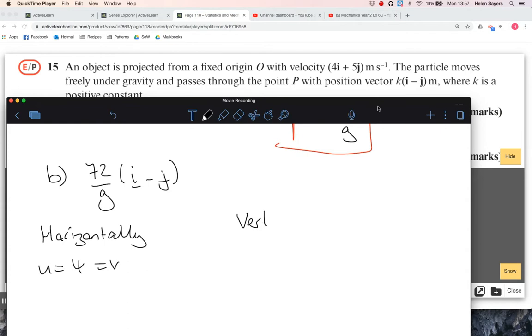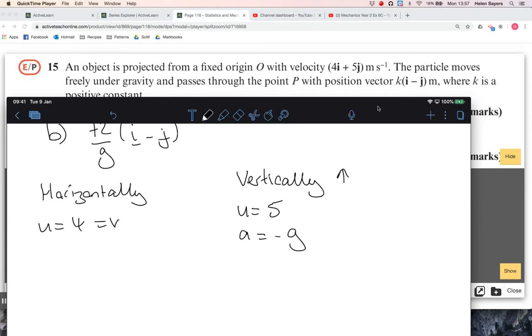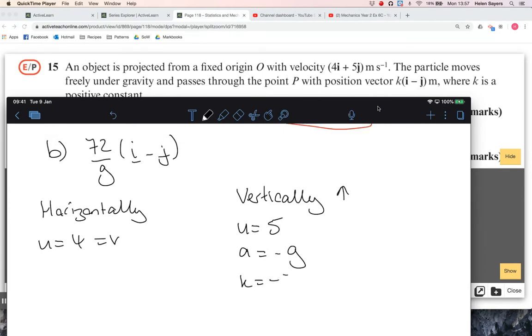Vertically, not so much. So what do I know vertically? I know that the initial velocity was 5 upwards, that acceleration is minus g, because that's working downwards while upwards is positive. I know that the position is minus 72 over g.